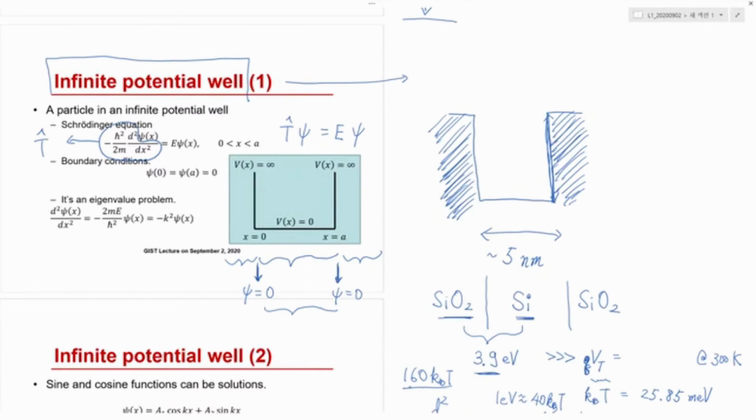This number is extremely small, so we can safely say that in the usual case of ground or near ground state, it can be safely regarded as infinitely high.